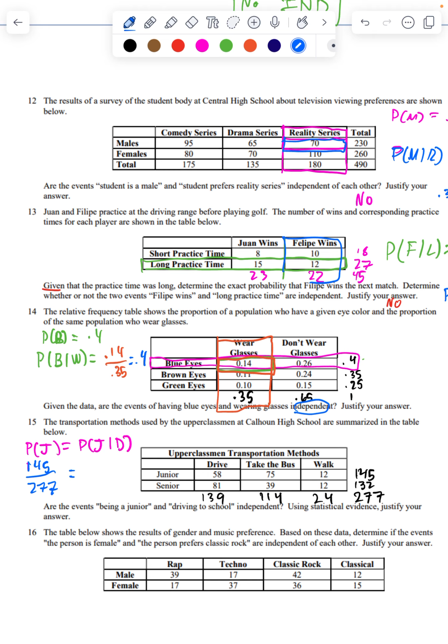Does that equal the probability of being a junior given driving, 58 out of the 139 people who drive? If you put it in the calculator, they're not equal. So they're not independent.